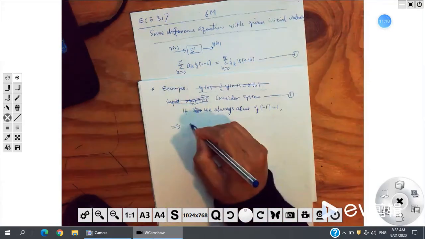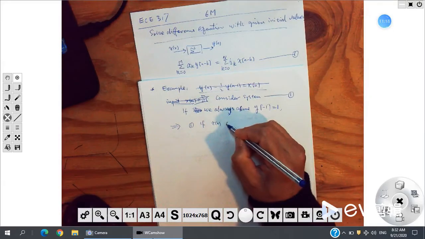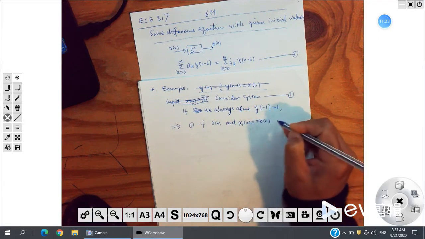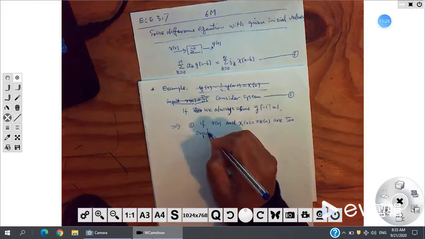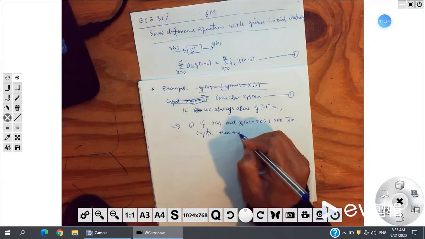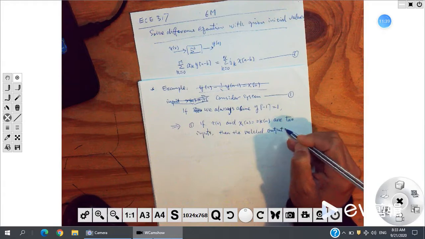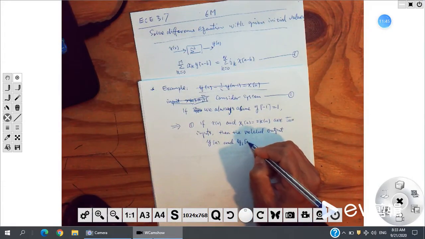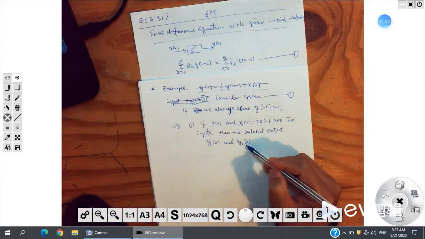Firstly, if x[n] and x1[n], which is 2x[n], are two inputs, then the outputs are y[n] and y1[n]. Now y[n] is the output when input is x. y1 is the output when input is x1.